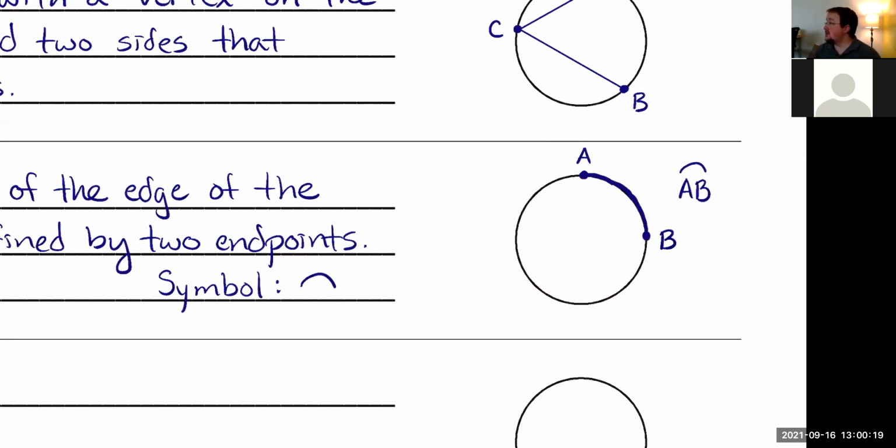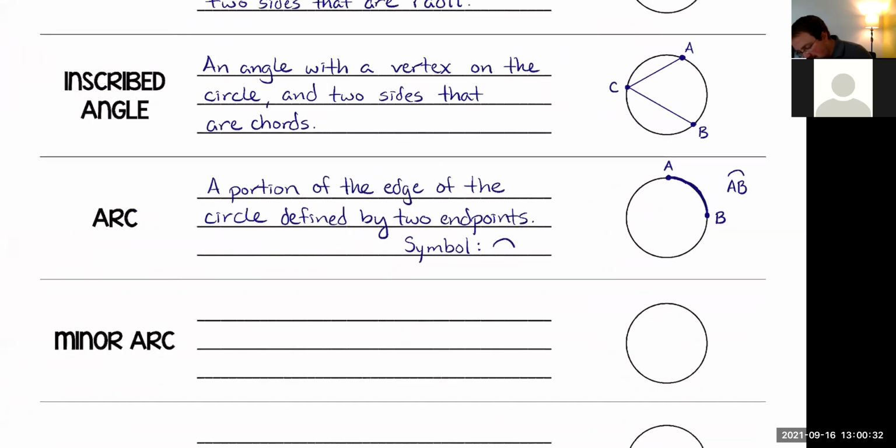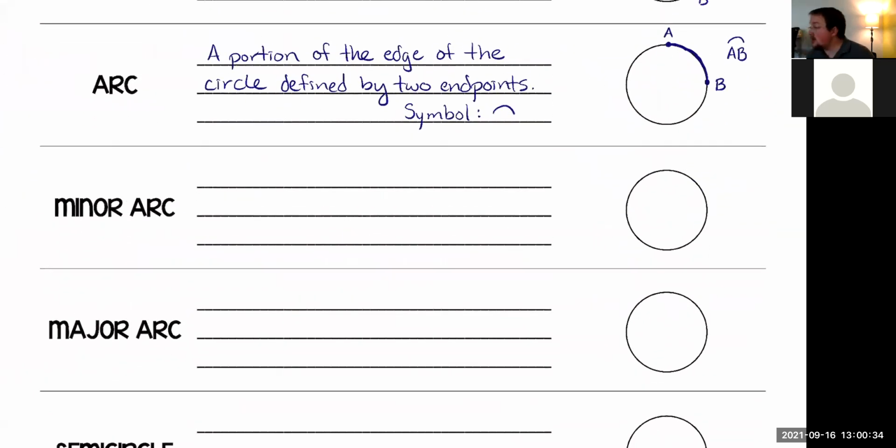Now, that's very important to notice because that describes 2 different arcs. And depending on which direction you go, that affects how you name them, how you identify them. So those 2 types are known as a minor arc and a major arc.